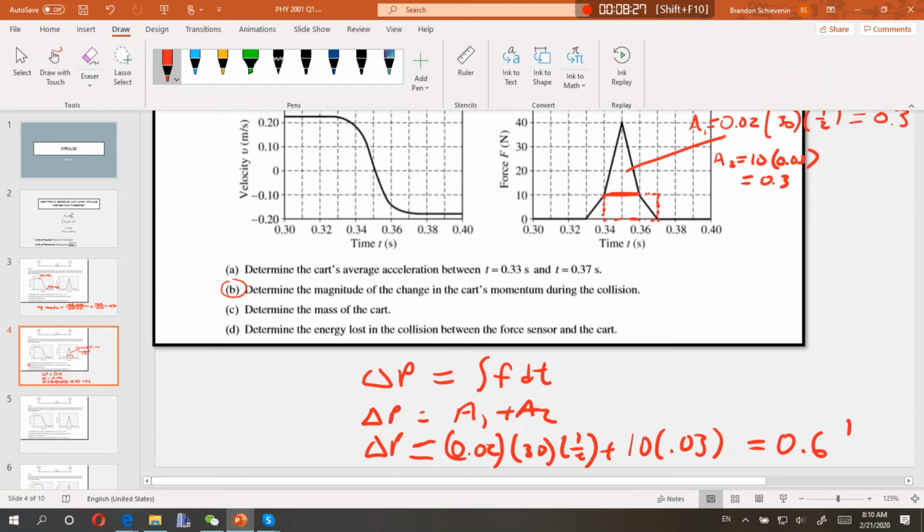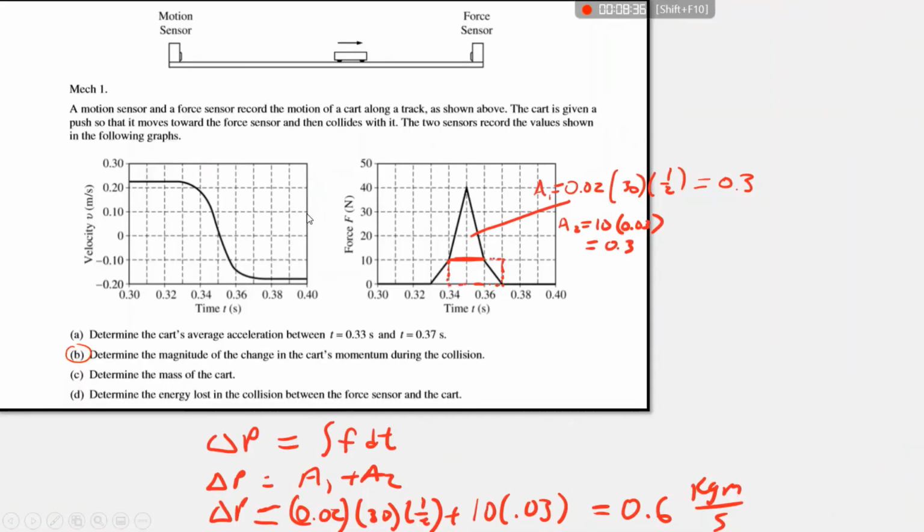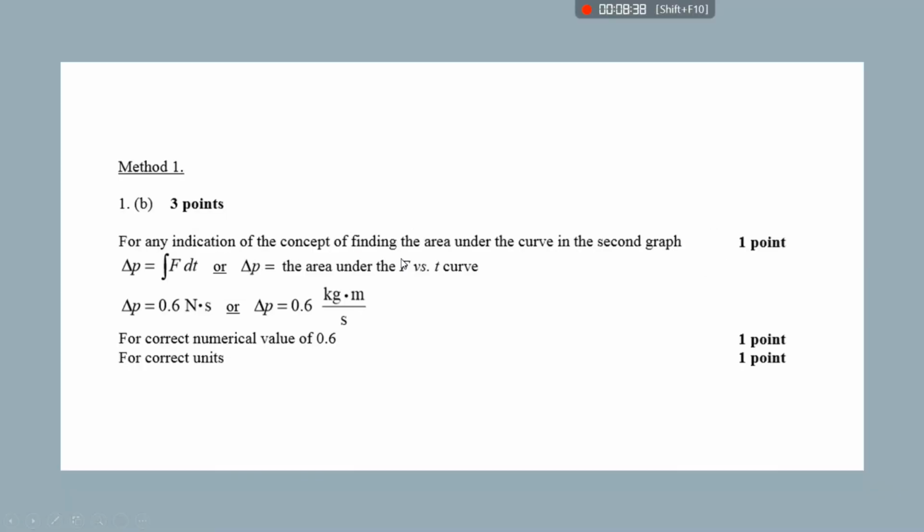Okay. And we'll check. Okay. Found area using the second graph, 0.6 units. Okay.